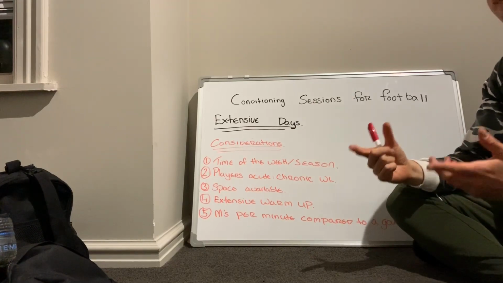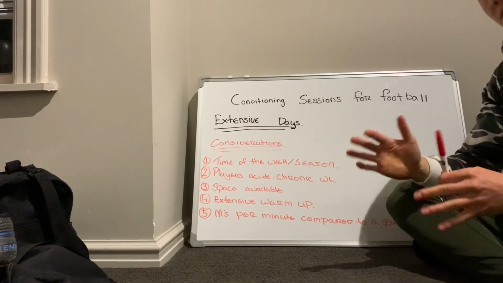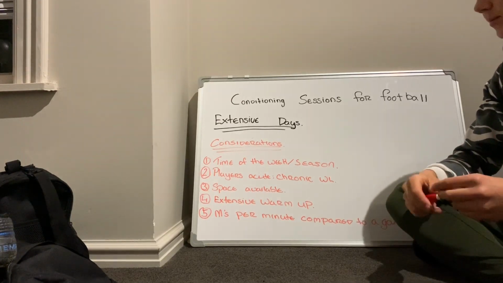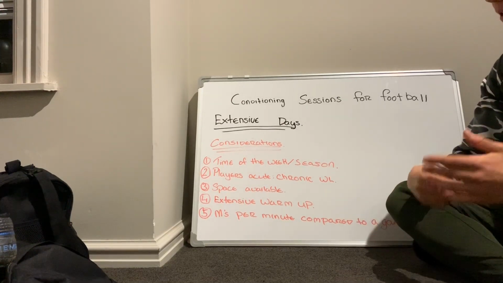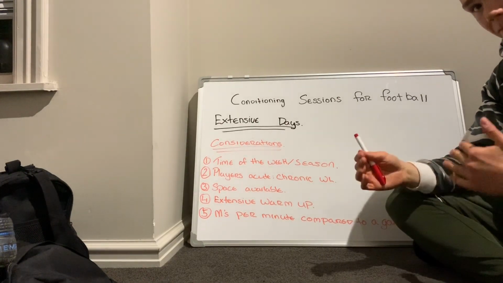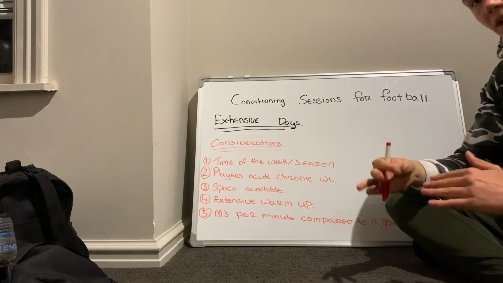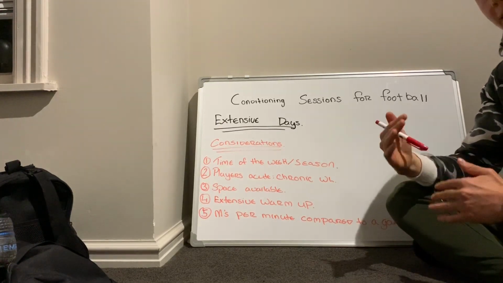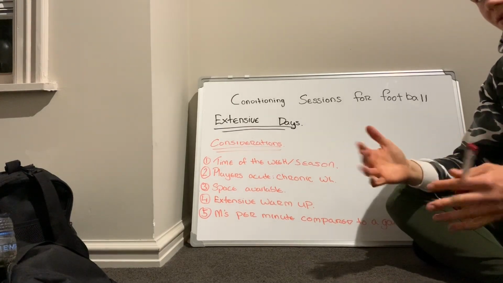A typical game, you typically cover between 110 to 120 meters per minute. So if you're looking to do an extensive session, just keep that in mind based off what your goals are. Are you looking to go above that, or are you looking to stay at that, and what distances you're covering as well.